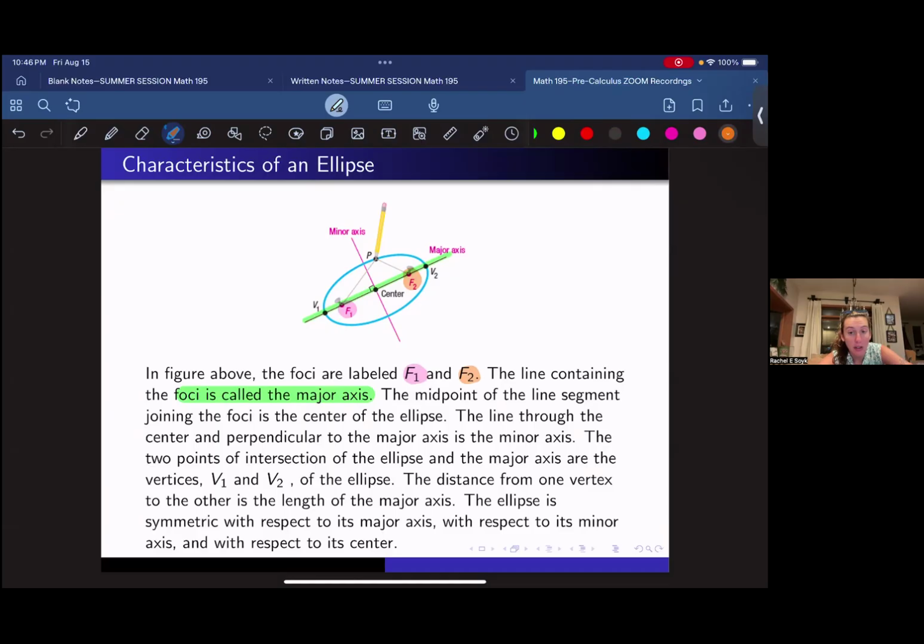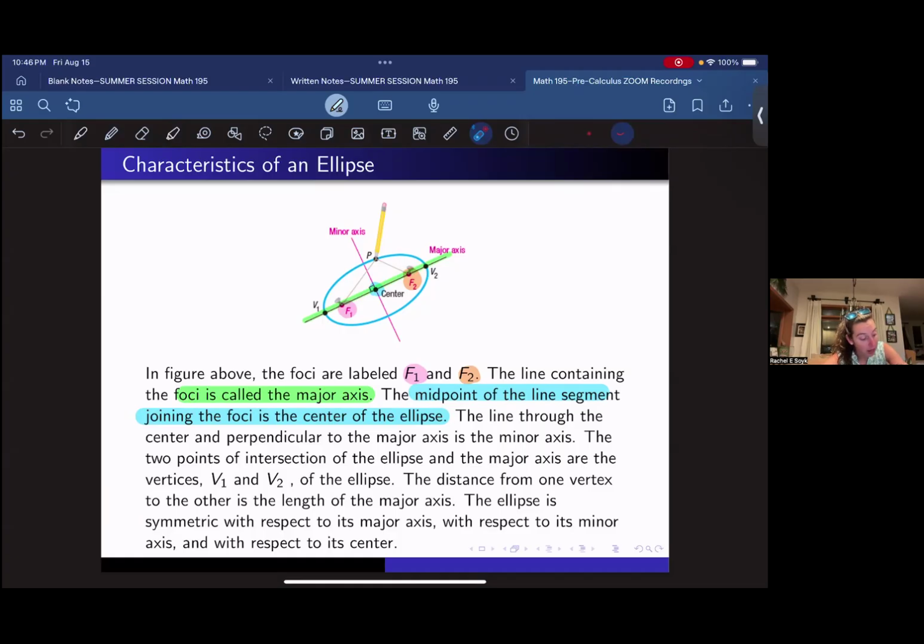And the midpoint of the line segment joining these foci is the center of the ellipse. So why don't I highlight that center point in blue, which is the midpoint of the line segment joining those two focal points. Let's continue.